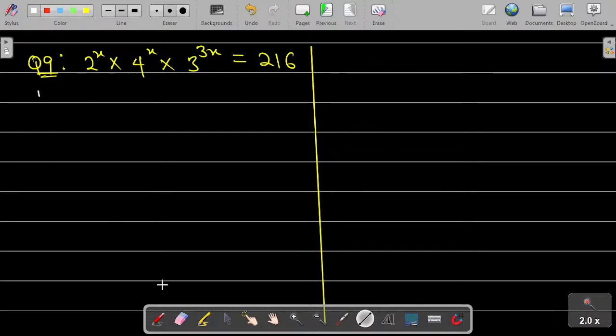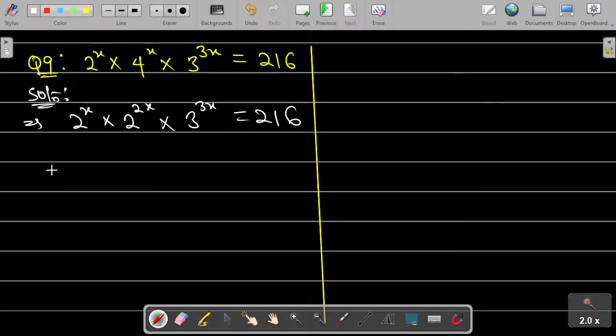This is also going to make use of the rules. First, I can take this to base 2, and that's going to give me 2 to the power of x multiplied by 2 raised to the power of 2. That will multiply this x to give us 2x, and that is times 3 raised to the power of 3x equal to 216.